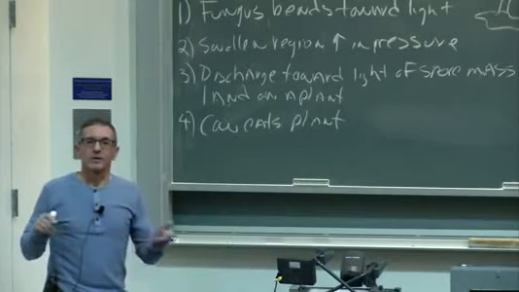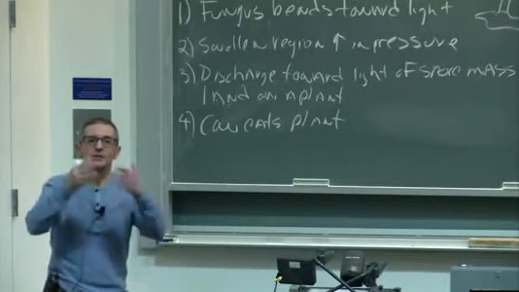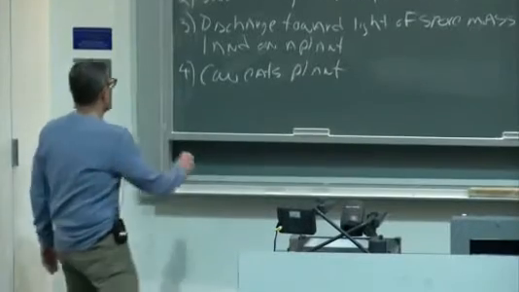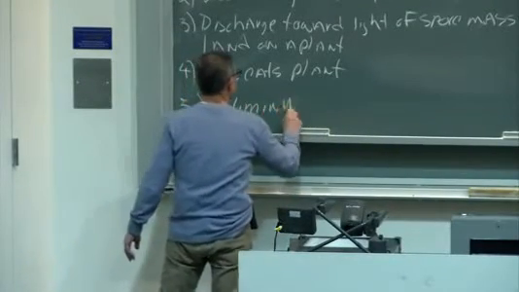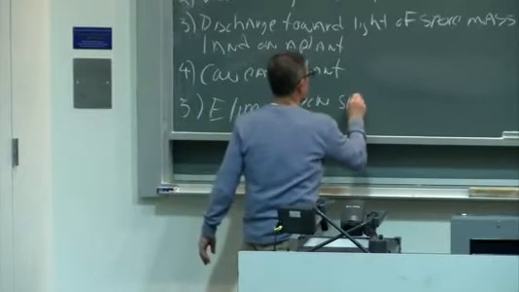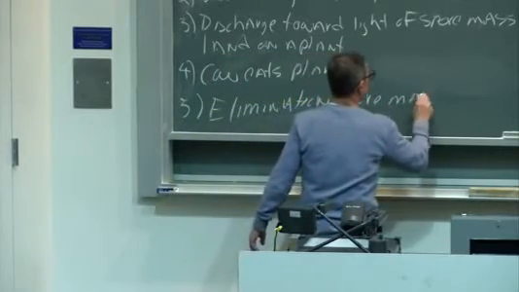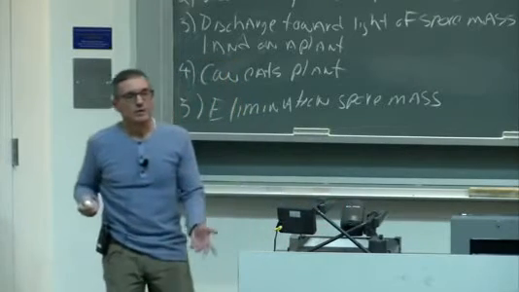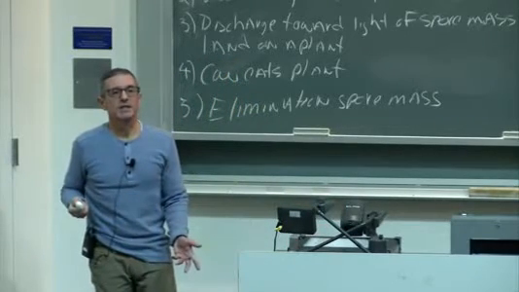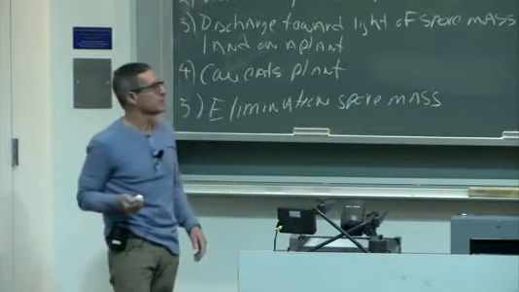The cow produces excrement, the spore mass comes out, and we now have an elimination of the spore mass. And we begin the life cycle again. The Pilobolus germinates in the dung and repeats the entire process.